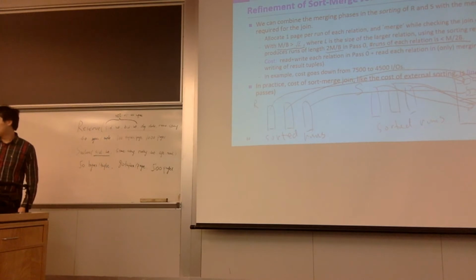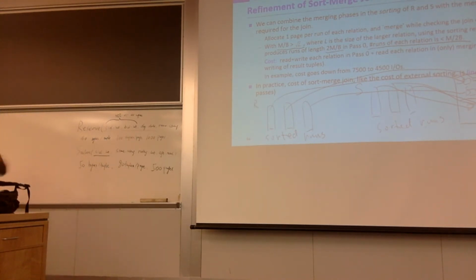Okay, but anyway, you could also do that in multiple passes, then it could be larger. If the relation is actually larger, then it's multiple passes. So for the example here, you can convince yourself that it does satisfy this condition. M over B is greater than square root of L, because square root of 1,000 is going to be roughly 30-ish, 30 to 40 pages.